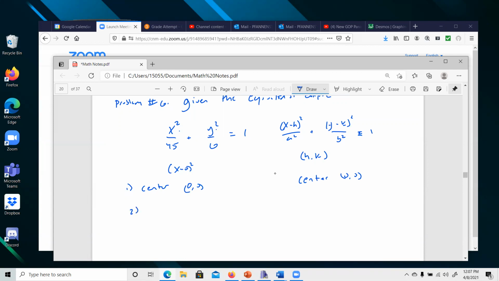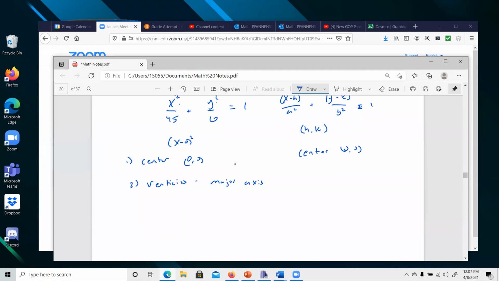Part 2 is I ask you for the vertices, and that's on the major axis. That's the endpoint of the major axis, and that's the longer one. So if we set y to be 0, we have x squared over 45 is equal to 1. x squared would be 45, which is 9 times 5.